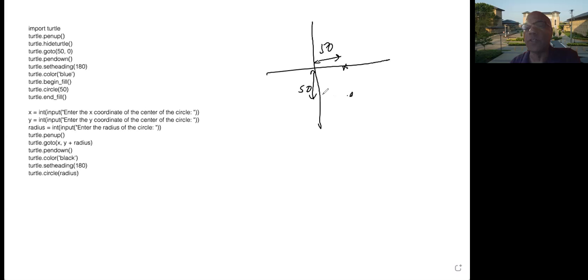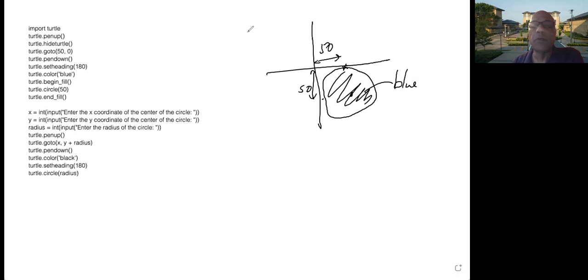And we wanted a circle here. That is all blue colored. That is what we want.